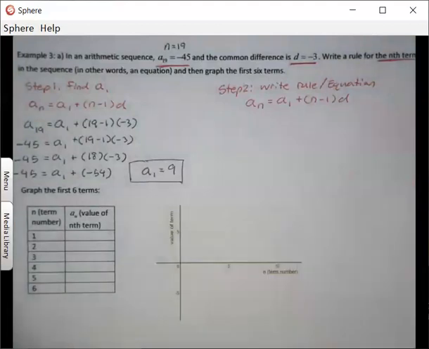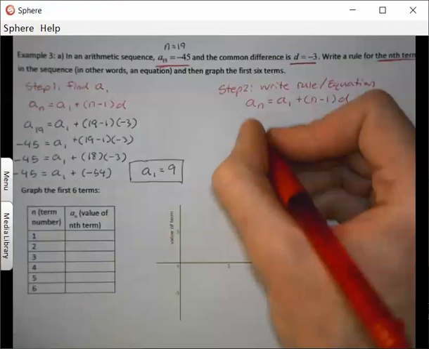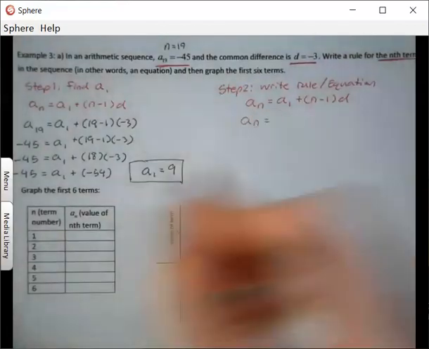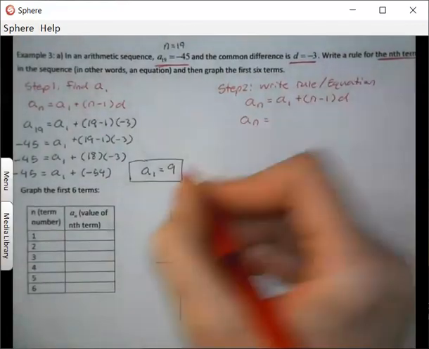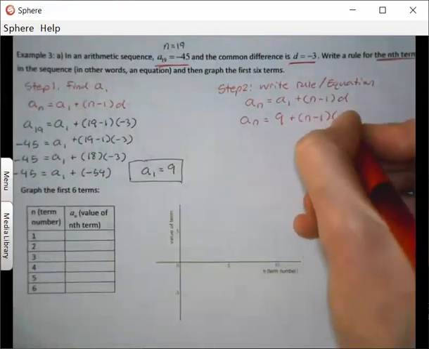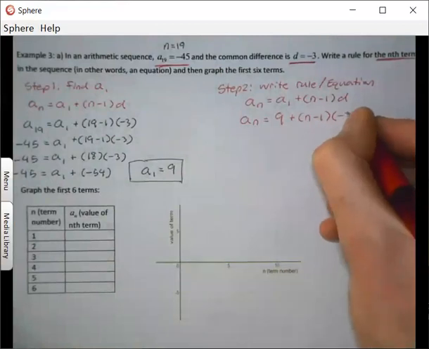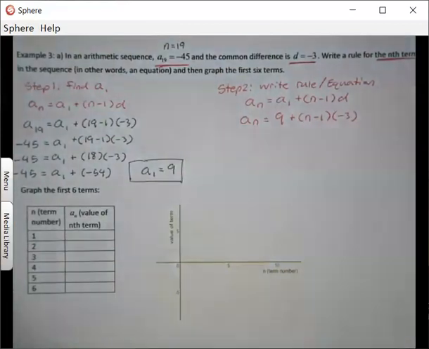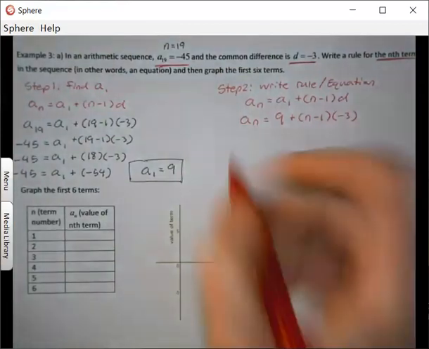And we just want to plug in our first term, our common difference, and simplify. So our a sub 1 is 9 plus n minus 1 times our common difference, which was minus 3. Distribute.